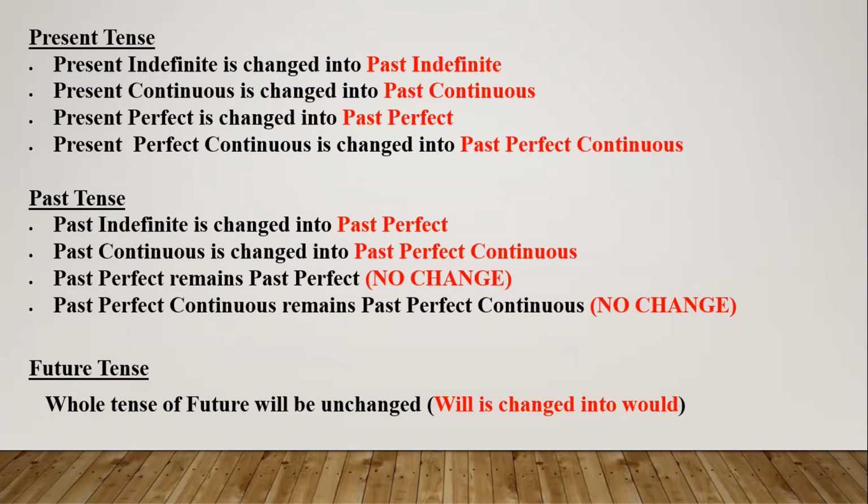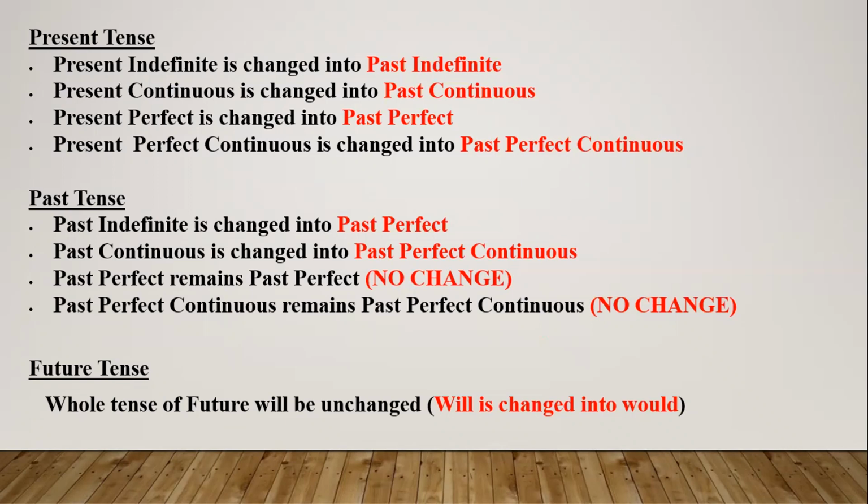So you must remember that these two tenses would be changed when you convert direct speech into indirect: past simple into past perfect and past continuous into past perfect continuous. Past perfect and past perfect continuous will remain the same, right? If you talk about future tense, there is no change: will changes into would, shall into should, may into might, can into could, like that.